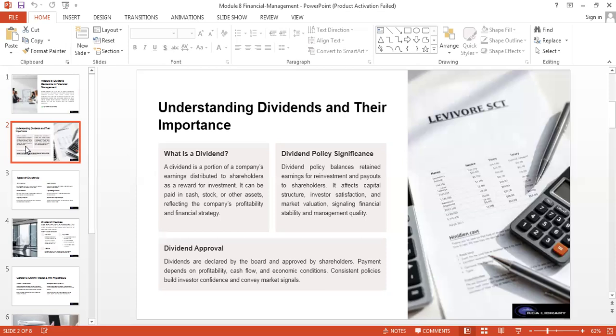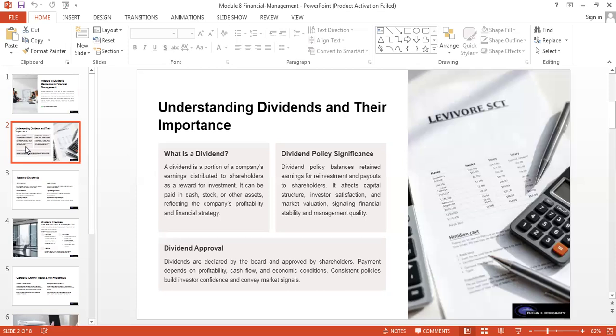And we talk about dividend approval. Dividends are declared by the board and approved by shareholders. So the major parties who approve dividends are the board and the shareholders, and payments depend on profitability, cash flow, and economic conditions.